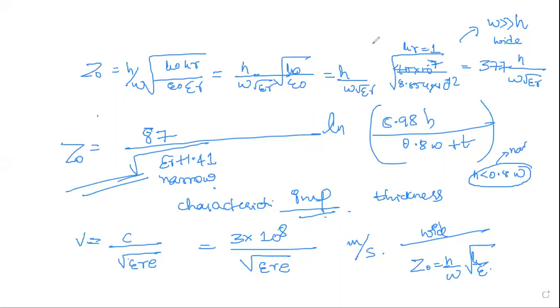Calculate the characteristic impedance of a wide microstrip line having negligible thickness and having a width of 0.8 millimeter.